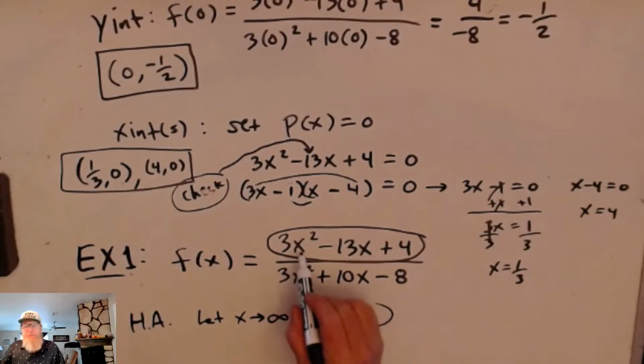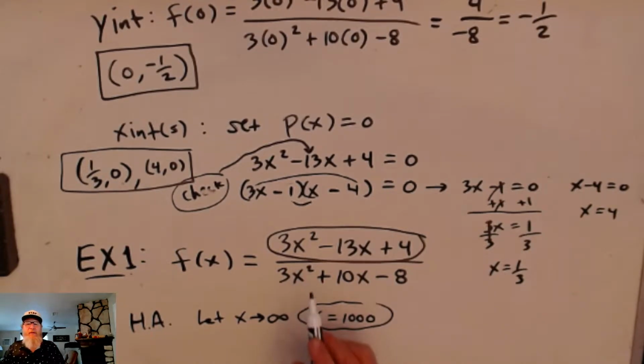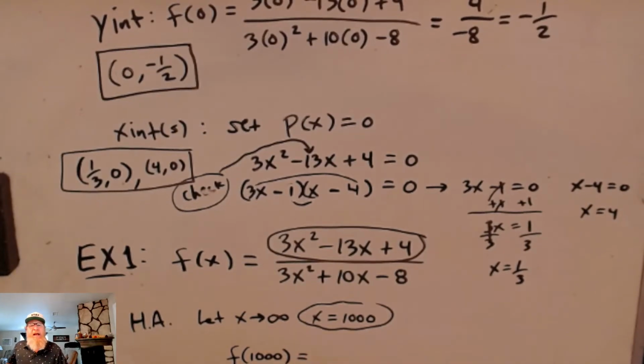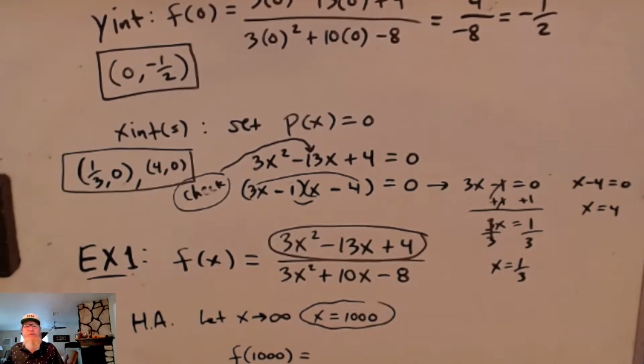So look what happens when you plug in 1,000 here, right? I'm only going to do this once, and then we're going to have a nicer way to do it. So f of 1,000, right? We're asking ourselves, what happens as x gets very, very large? What's the tendency?